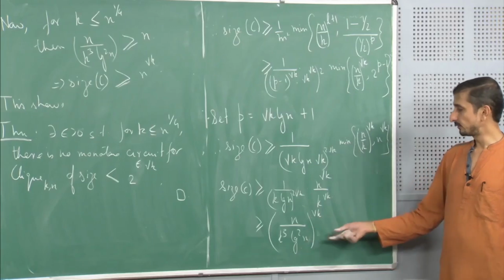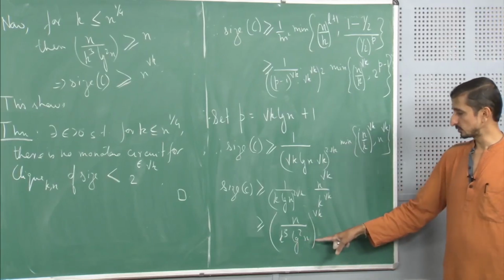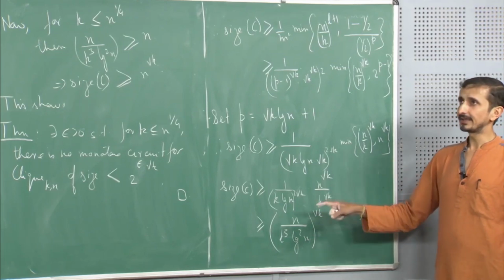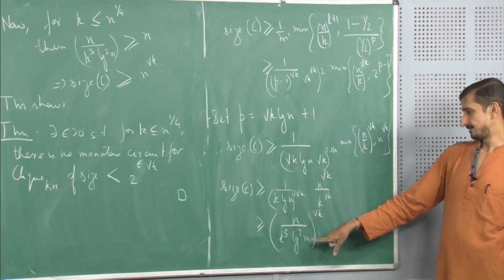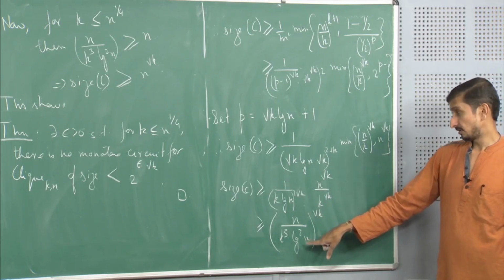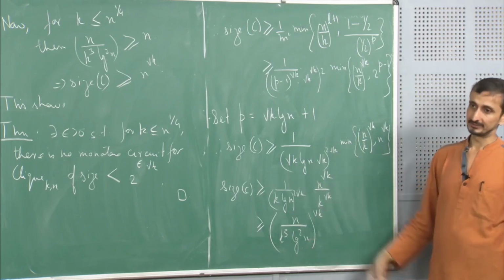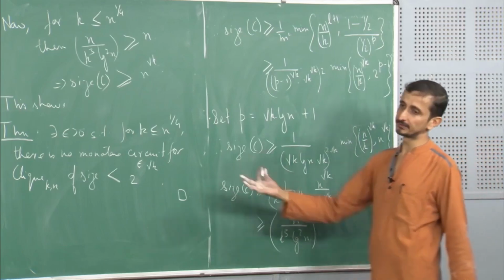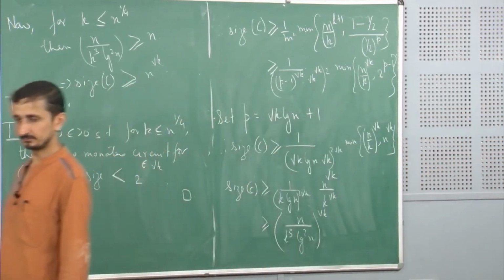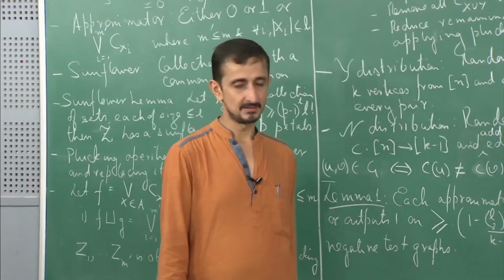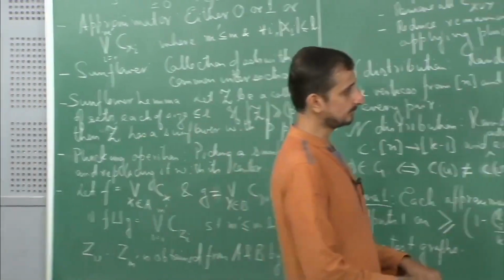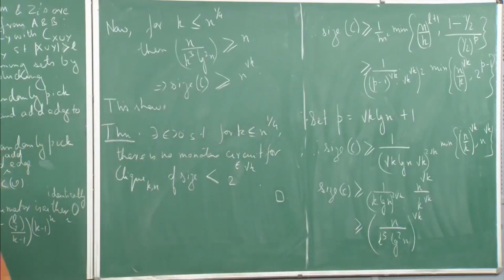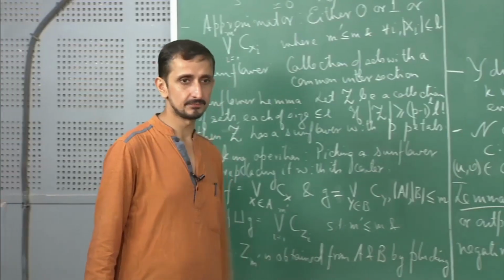If you look at the equation, when is n by k cube log square n greater than or equal to n, you will get something like n to the power 1/3 divided by log square n to the power 1/3, which is anyway bigger than n to the power 1/4. So that's why. We have this k cube over here, which is where you have that 1/3, and 1/4 is just a safe smaller number.